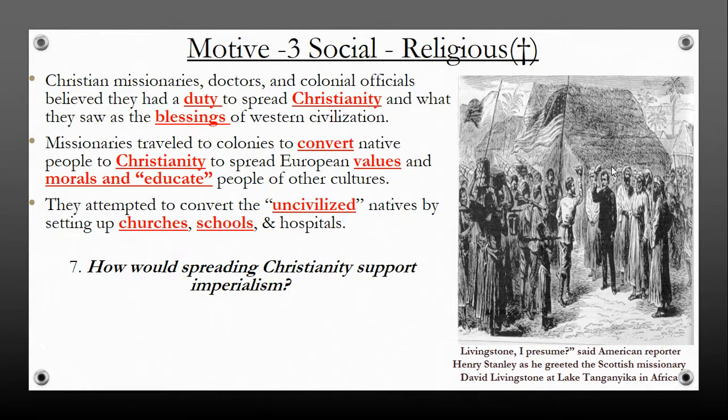They believed that the values of Christianity and the morals needed to be spread by educating people of other cultures, and they considered other people of other cultures uncivilized. They set up churches and schools and hospitals in efforts to spread the Christian religion. How would spreading Christianity support imperialism?